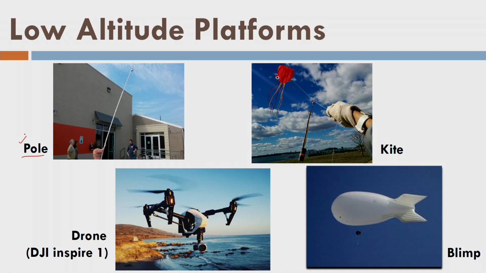So, that is the arrangement called a pole, and that comes under the low altitude platforms. Well, then second is the kite. The kite has some special material, and like the regular kite that we fly in the air for entertainment, in the same way this kite is sent into the flow of air.